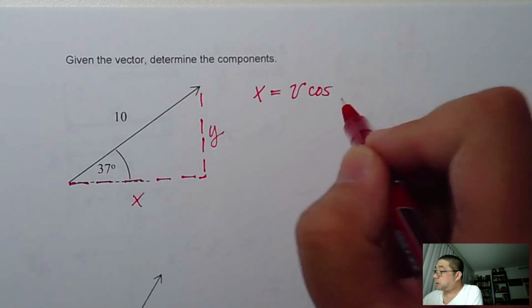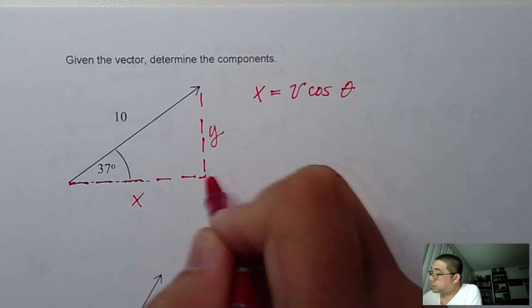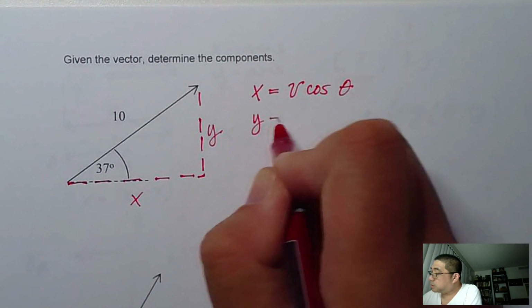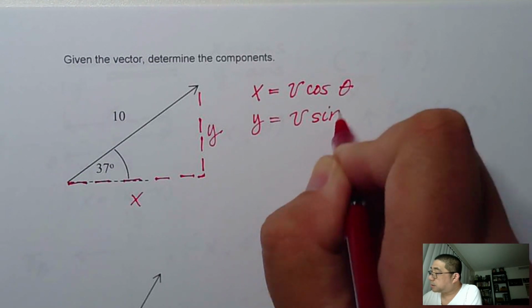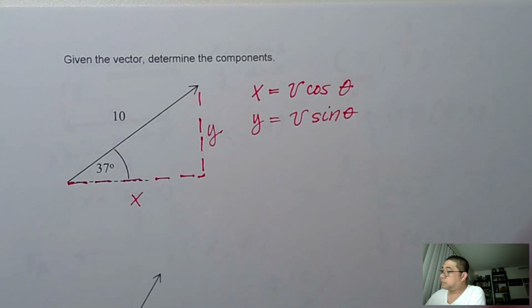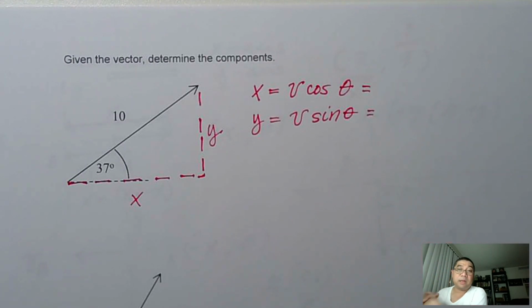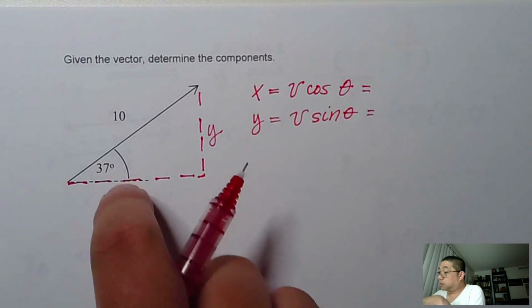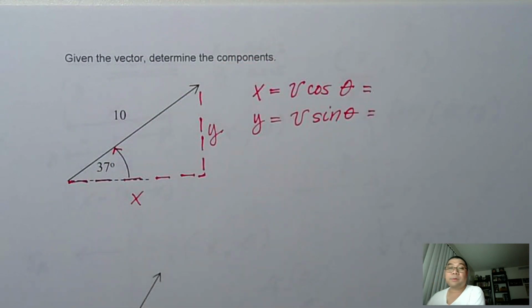So v cosine theta, and then y is simply v sine theta. This one is if and only if the angle is measured along the x-axis, so the measurement's right here, counterclockwise.